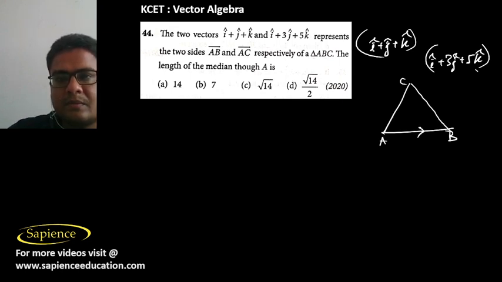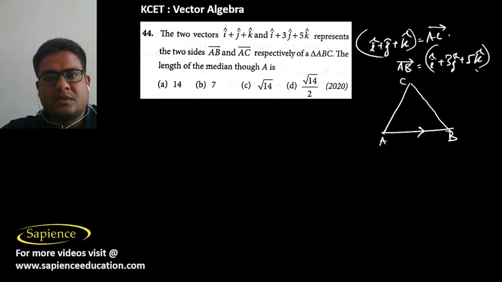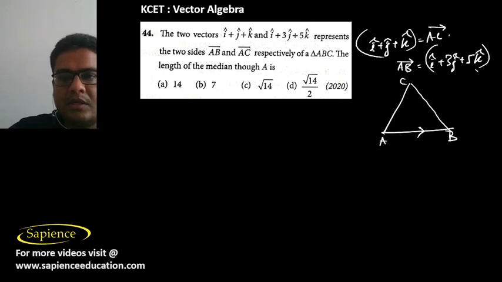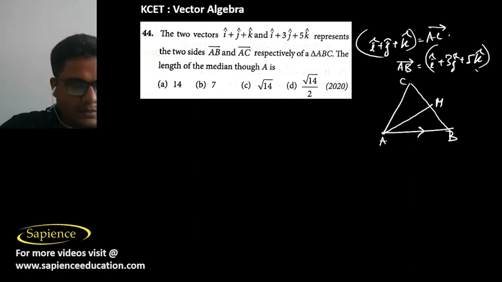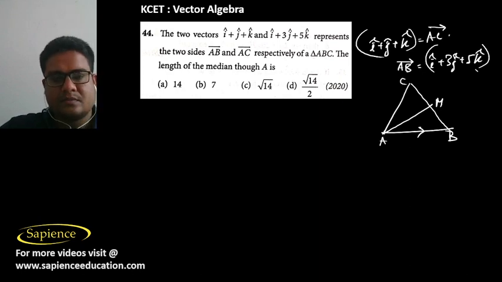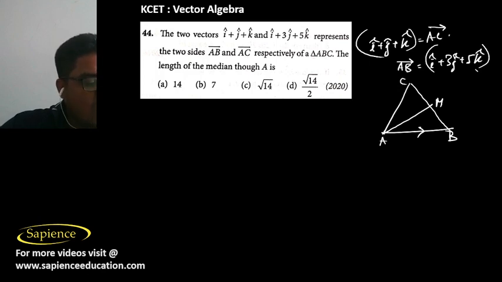This is the AB vector, and this is the AC vector. The length of the median through A, how much is that? So from here we can find this centroid also.